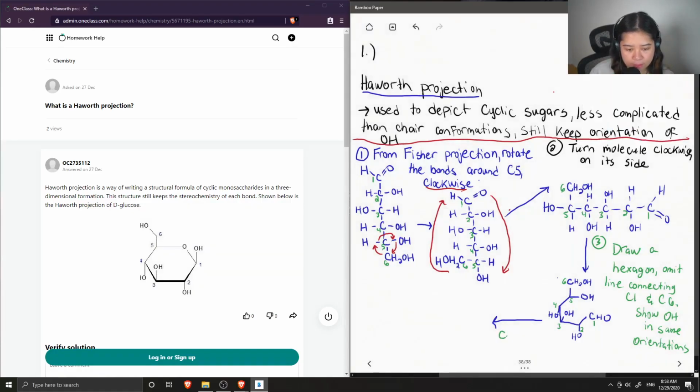Which is just to connect the alcohol group on carbon 5 with carbon 1.